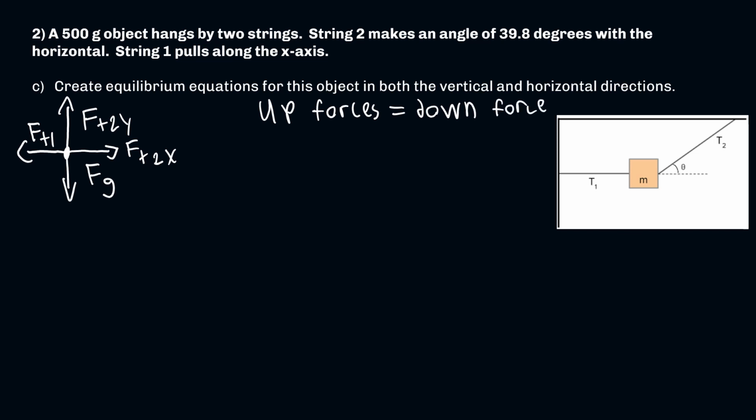So my up forces again right now, based on the diagram that I have, that's going to be just FT2y, because there's only one going up. That's going to be equal to the one going down, which is the force of Earth on the mass. Then I'm going to have my left forces equal to my right forces.